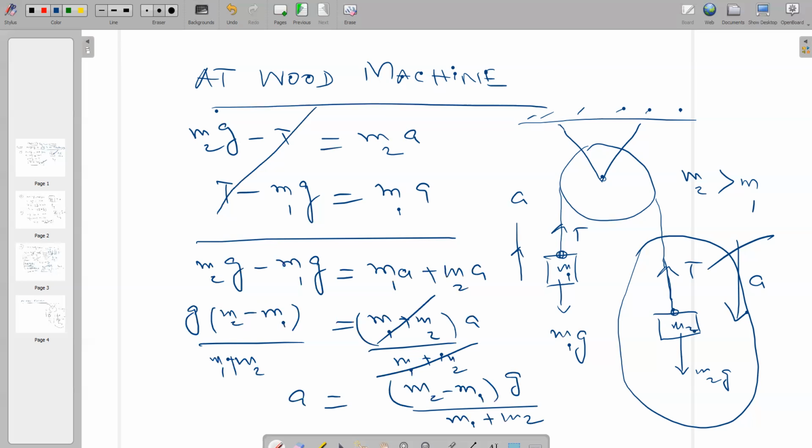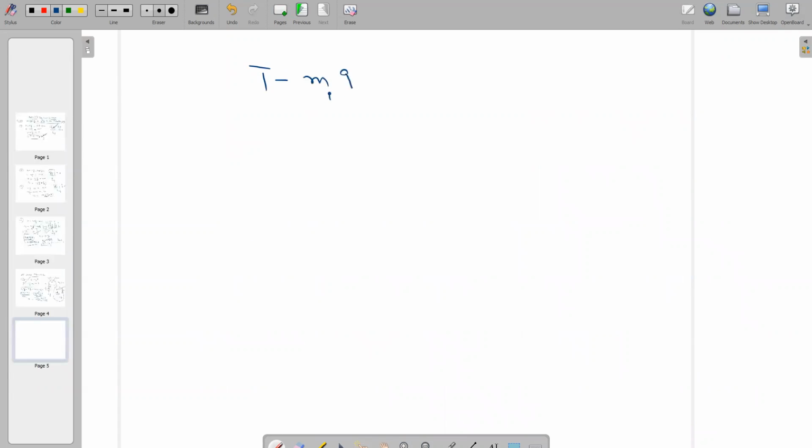One thing. If you want to find the tension, you will put the value of acceleration in any of these equations and solve it. Here I am writing this equation first and then putting the value. The equation is T minus M1G is equal to M1A.